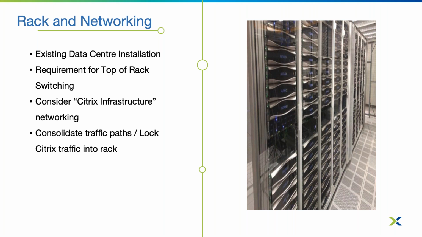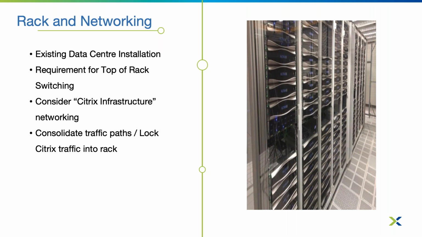You need a minimum of 10 gig top of rack switching. The specific data centers that we were going into use fabric extender cards, which don't work with the Nutanix platform due to the way the CVMs talk to each other and the nodes. So that's something just to be aware of.